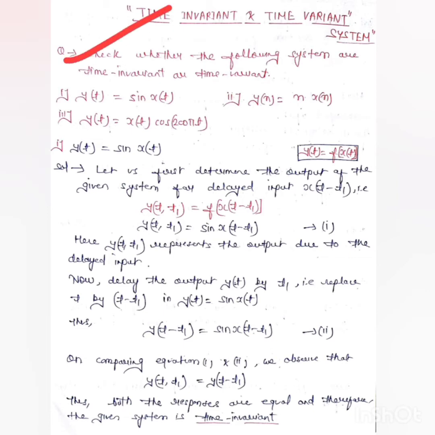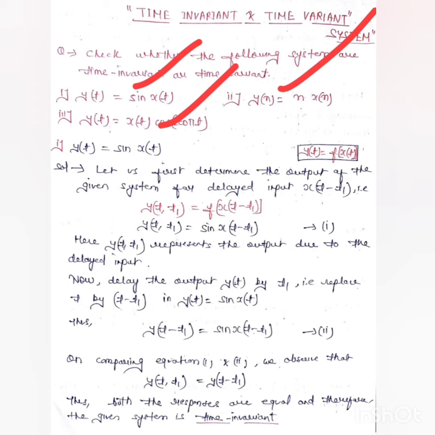Here we have the question: check whether the following system are time invariant or time variant. Here we have three questions. First question, y(t) equals sine of x(t). Second question, y(n) equals n times x(n). Third question, y(t) equals x(t) cos 200 pi t. First and third question is continuous time system function, and the second is discrete time system.